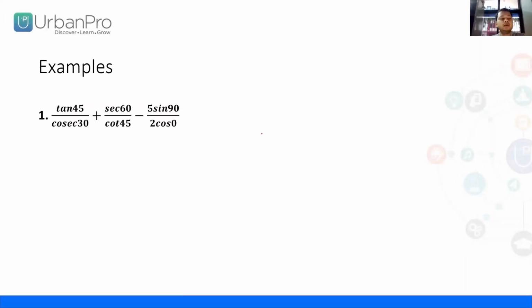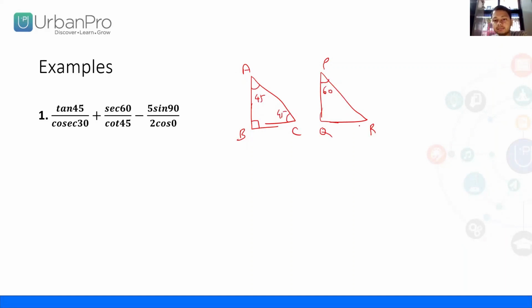Okay, so we will take one example. For that we will need to draw two triangles. One is of 45, 45, 90, and another one is 30, 60, 90. So A, B, C, P, Q, R. Here I will take 45, 45, and here 60, 30, 90.